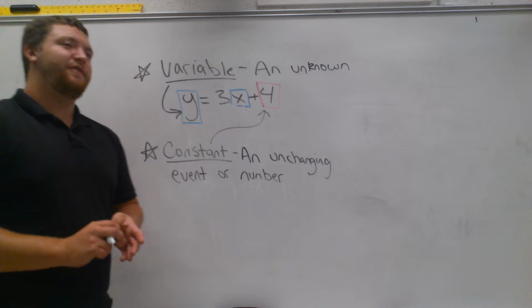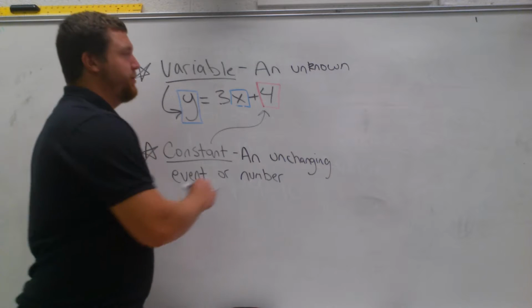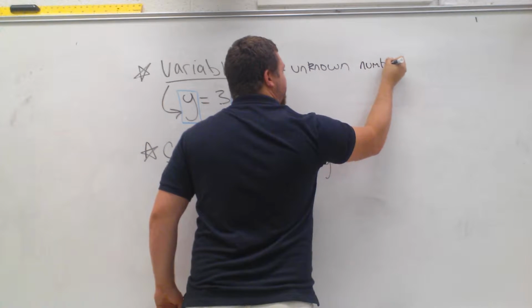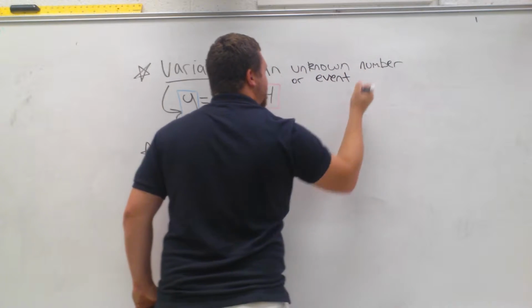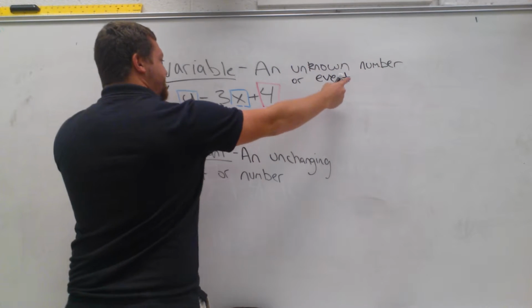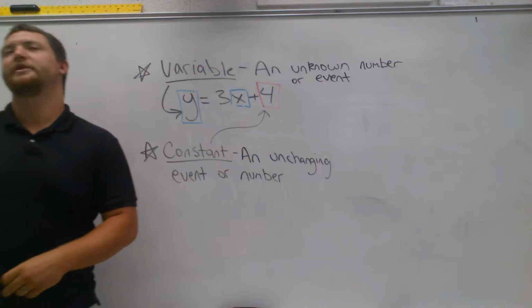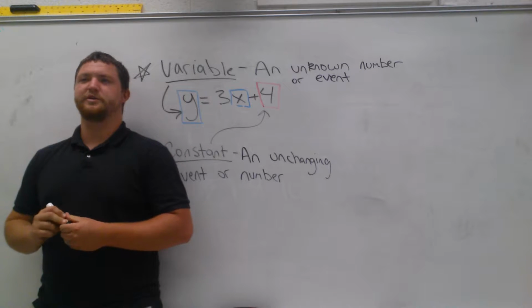Now, these also work with an event. So I'm going to put an unknown number or event. In an equation, it's an unknown number. An unknown event would be, let's talk about weather.